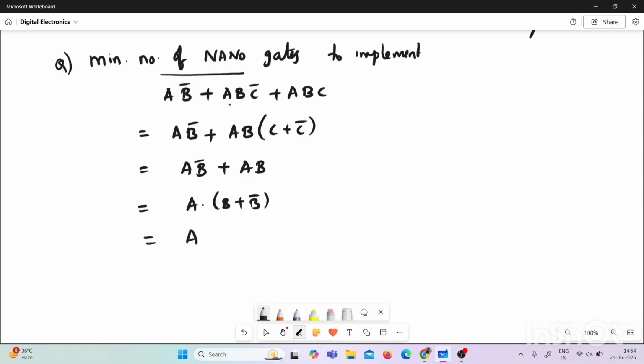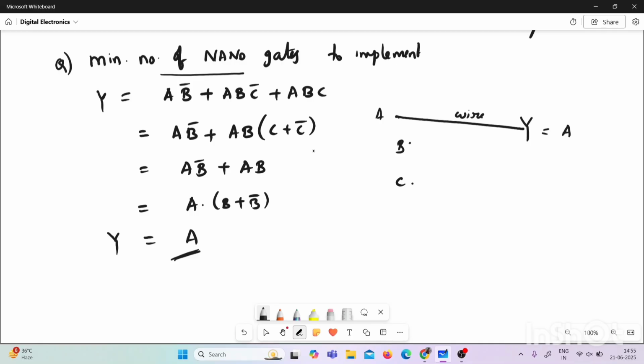After simplifying, you are getting y is equal to A. If the inputs are A, B and C, and we need to implement the given expression, y is equal to A means there is no need of any NAND gates. Only a simple wire is required. A single wire is sufficient for implementing the given expression.